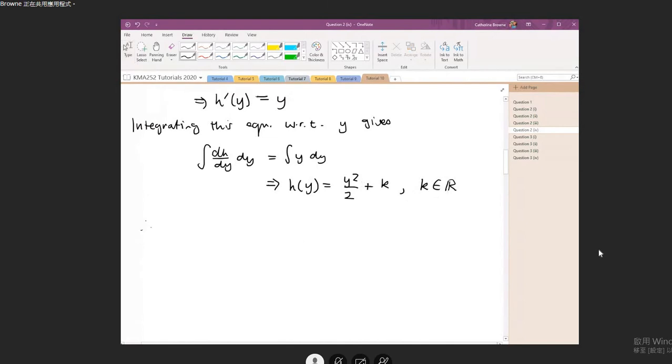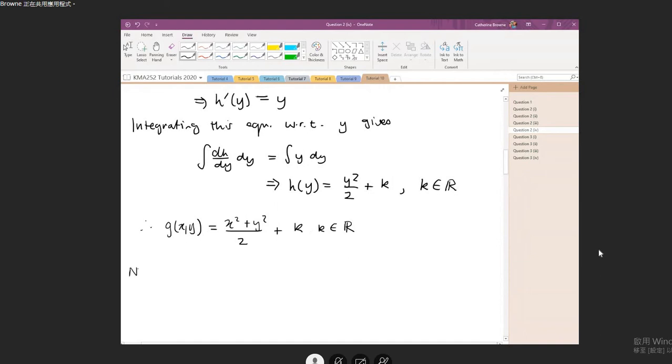So we found that g of x, y is equal to x squared plus y squared all on 2 plus this constant k. k is a real number. We don't know what it is. We don't have enough information to find it.